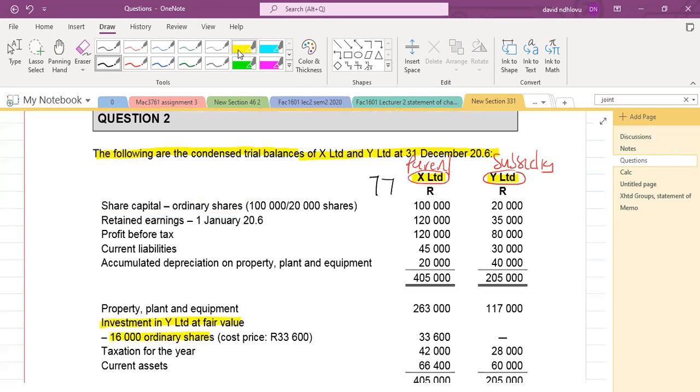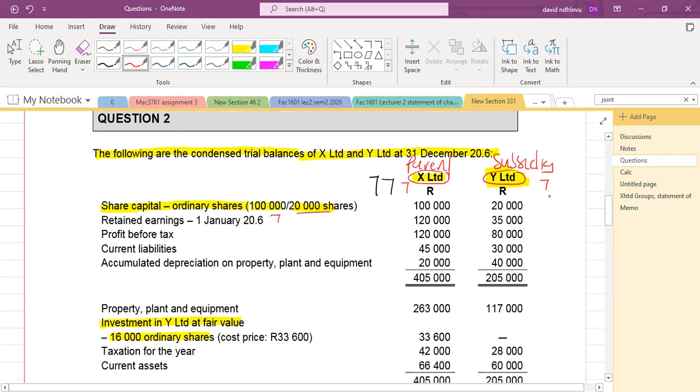Then how many shares are there in Y Limited? If we want to know the number of shares in Y Limited, we go to the share capital line. Under the share capital, good people, we can see 100,000 and 20,000. The 100,000 is for X, and the 20,000 is for Y Limited.